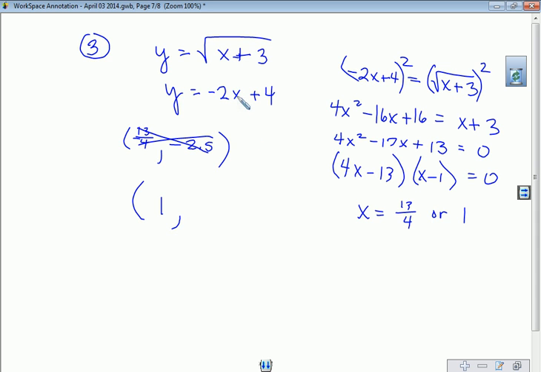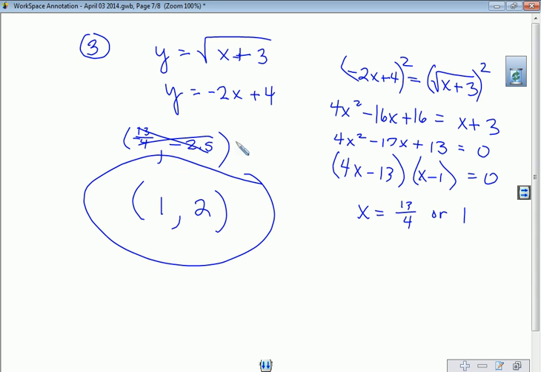Now let's try 1. If I plug in 1, I get -2 plus 4 is 2. I get the square root of 4 is 2. So this is my only solution. So this square root and this line cross at one point. It is possible to have a square root and a line cross in 2, or 0.